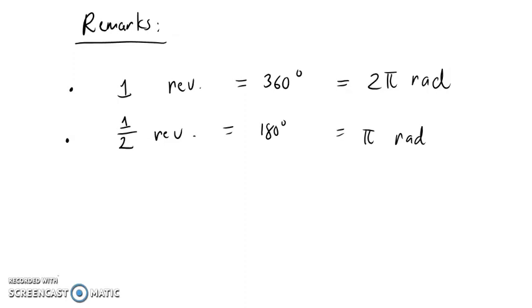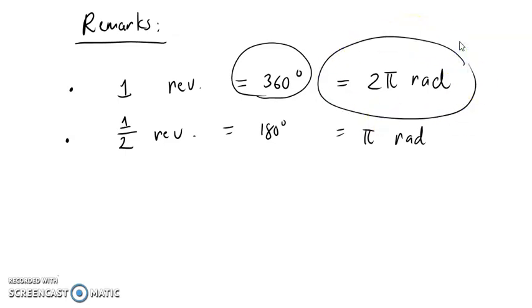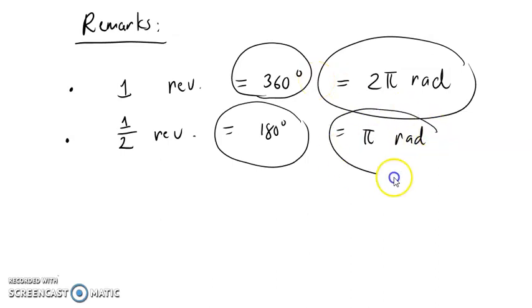So take note that a complete revolution is equal to 360 in terms of degrees and 2 pi in terms of radians. So half a revolution is equal to 180 in terms of degrees, and half of a complete revolution is also equal to pi in terms of radians.